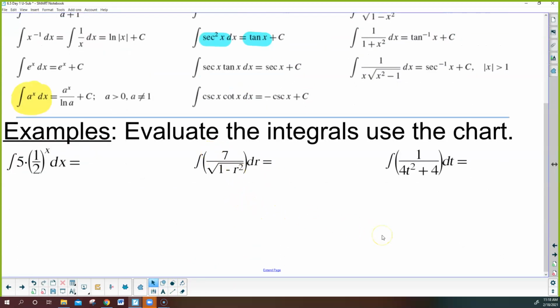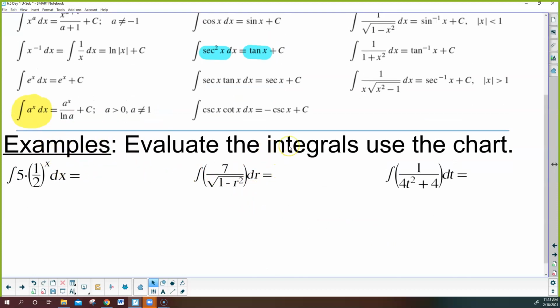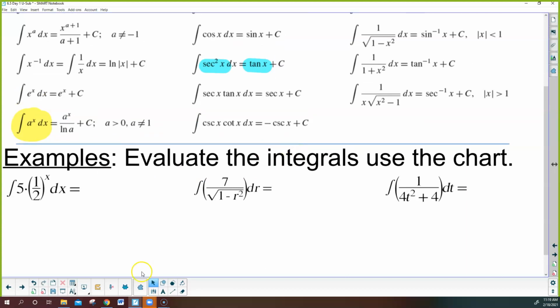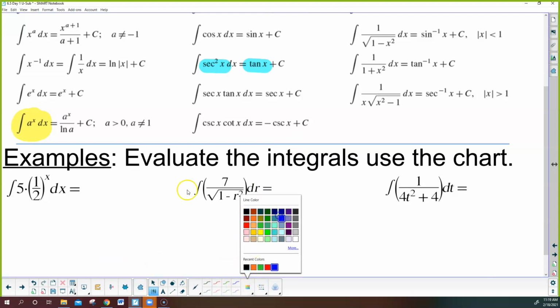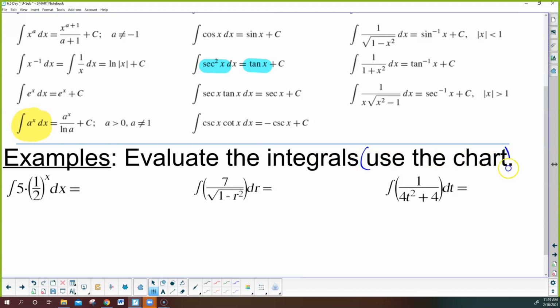It's up to you if you want to write these. I want to just make note of a couple of ones that are a little more unique that we haven't done a ton of lately. Okay, so this first one here, directions are just evaluate the integrals, and it says use the chart. Maybe there should be parentheses around there. So what do I have?